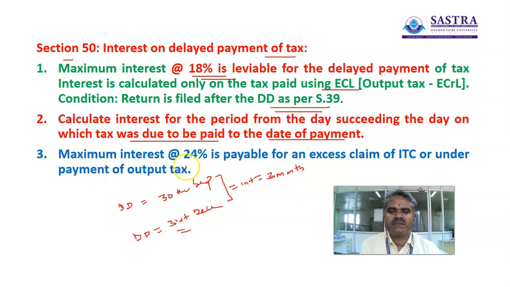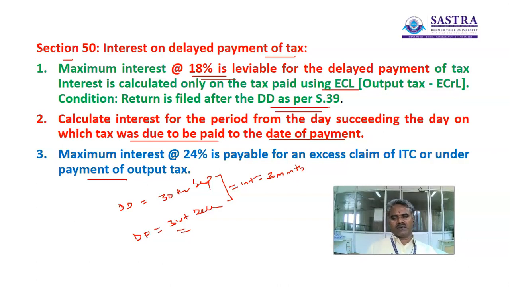The maximum interest of 25% is payable for excess claim of ITC or underpayment of output tax. Suppose you underpaid output tax or you claimed excess ITC, exceeding your limit, or you claimed ITC wrongly.